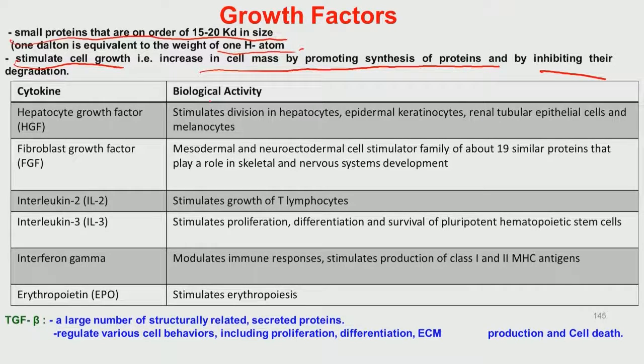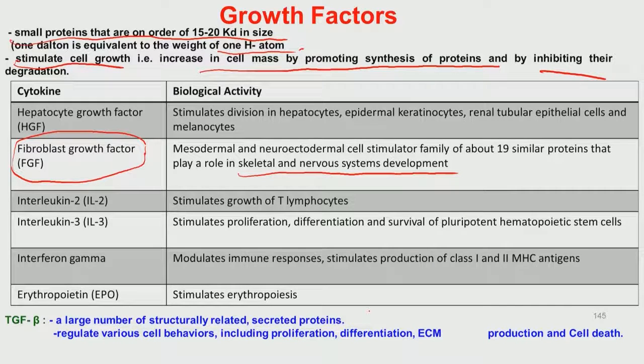This table lists a few growth factors, but in cell biology there are a large number of important growth factors. Out of these, in the context of biomaterials research, one important growth factor is fibroblast growth factor, FGF, which plays a role in skeletal and nervous system development.